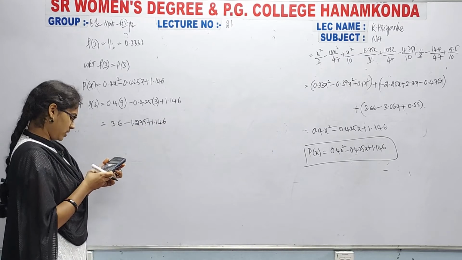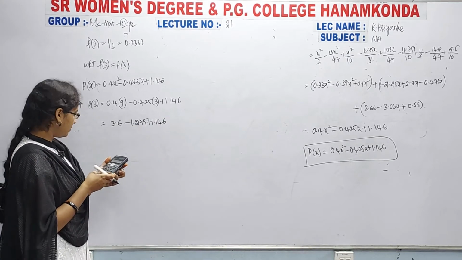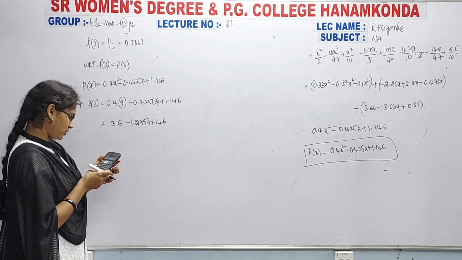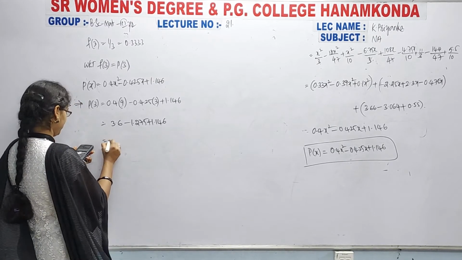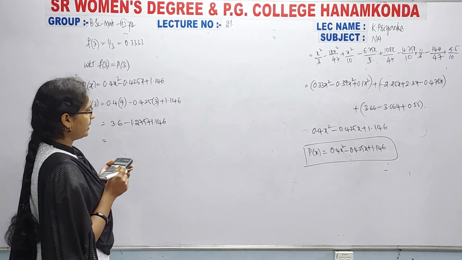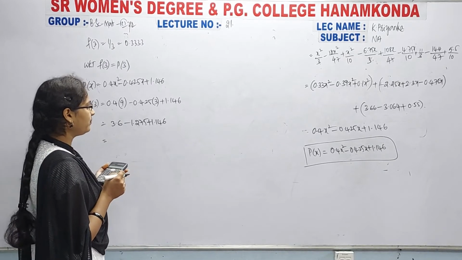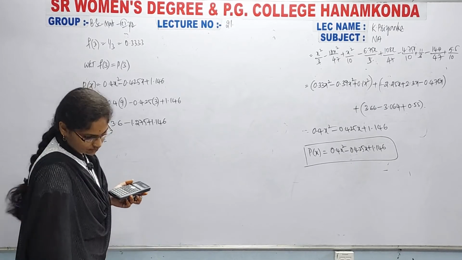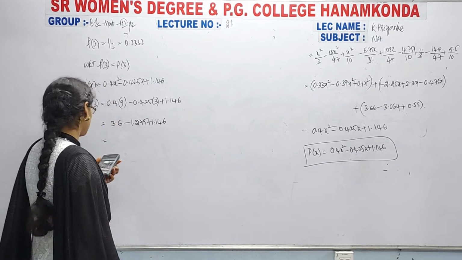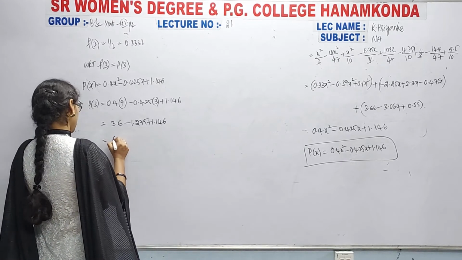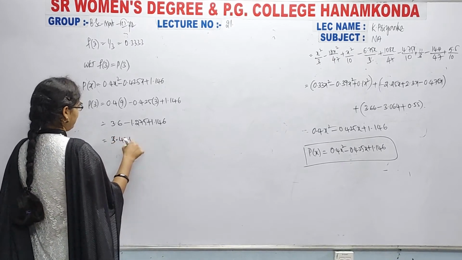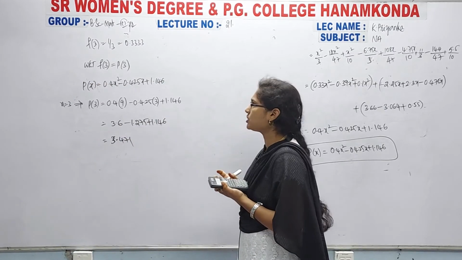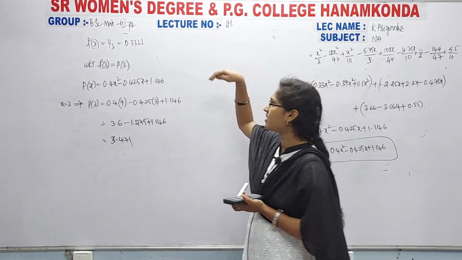So 3.6 minus 1.275 plus 1.146. Wait, what did I do? 0.425 into 3. Am I correct? Yes. So now I have that the value is 3.471.